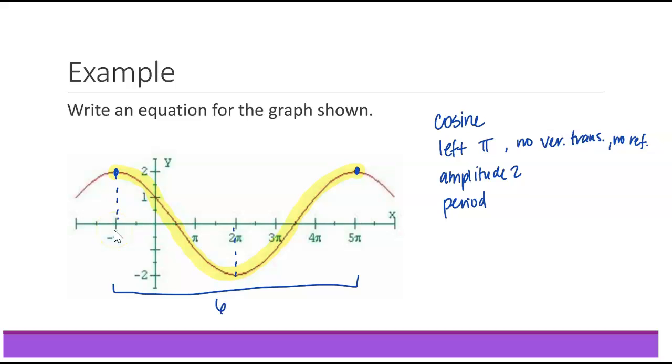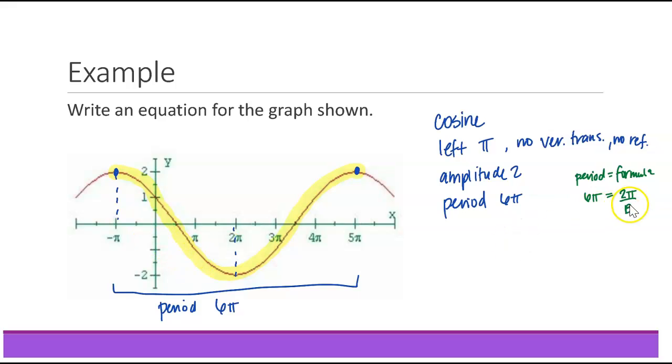So total, my period here is 6 pi. Like we did earlier, we're going to set the period equal to the formula for the period to solve for b. So we set 6 pi equal to 2 pi over b.